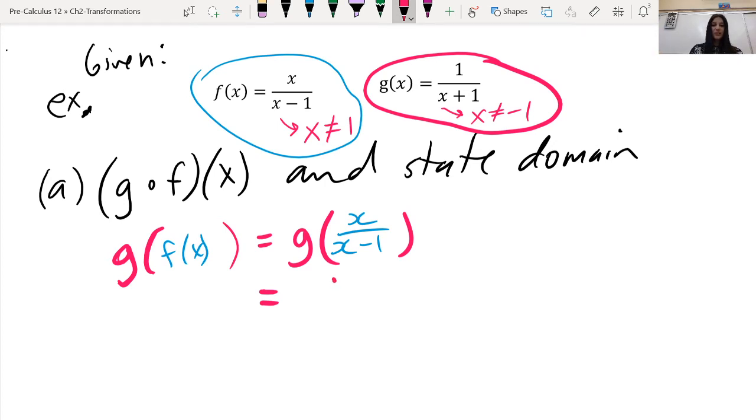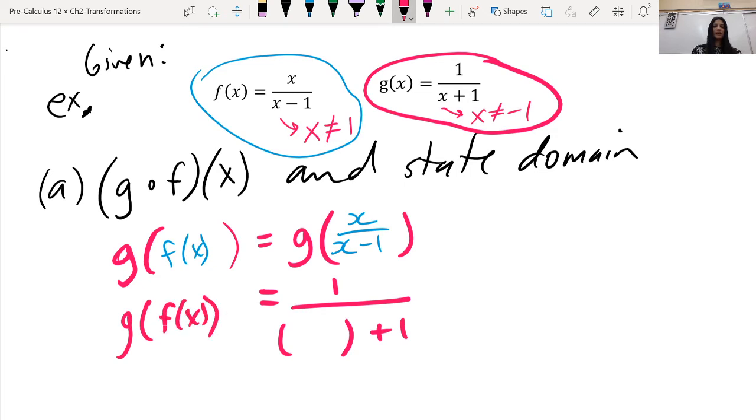To make it super clear, I'm going to take my whole pink g of x, set it up exactly the same way, and write g of f of x, putting brackets there to show that's where I plug in that whole blue thing. That's where my f of x part is going to go. So instead of an x here, it's going to be x over x minus 1, which is what I got here from my f of x.